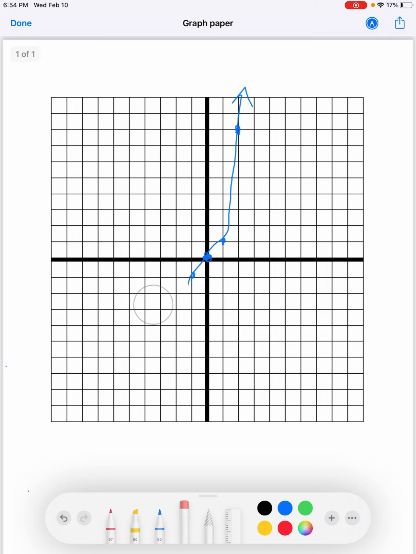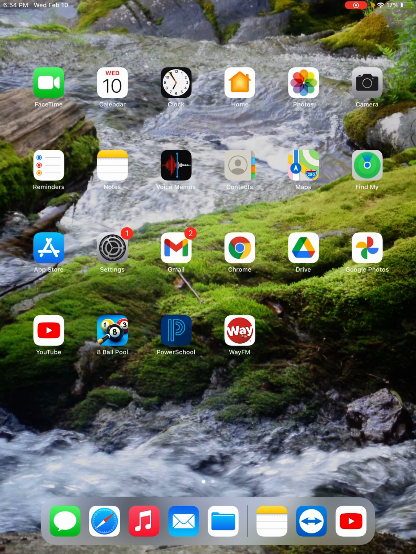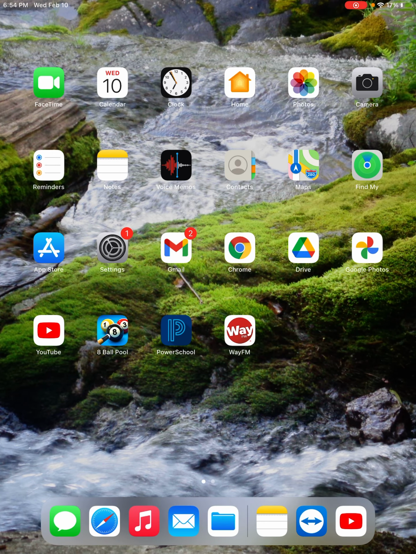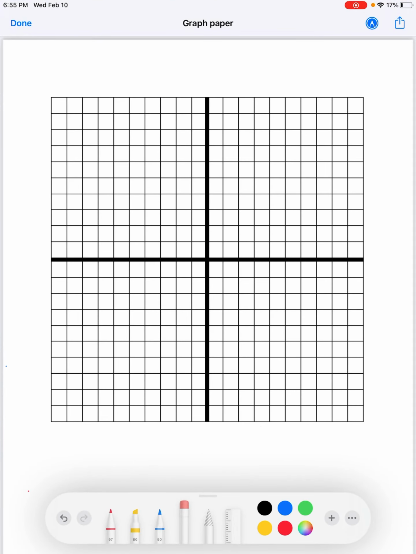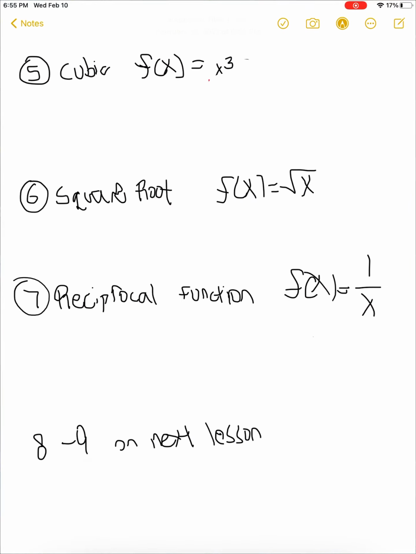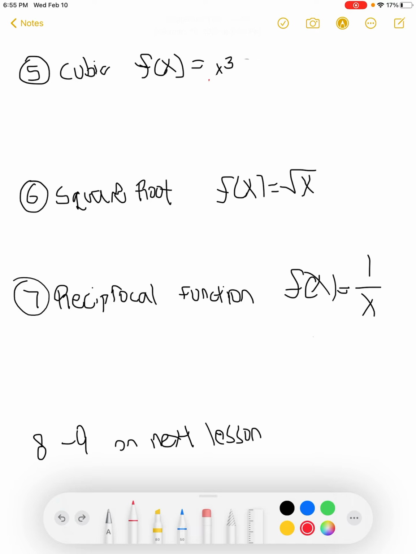Now, let's look at square root function. And there are more functions than what I say, but some you'll learn in pre-calculus and other things like that. Square root, that just means whatever x is, you take the square root to find y or f(x).